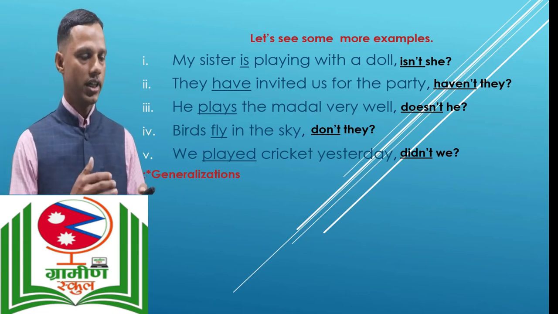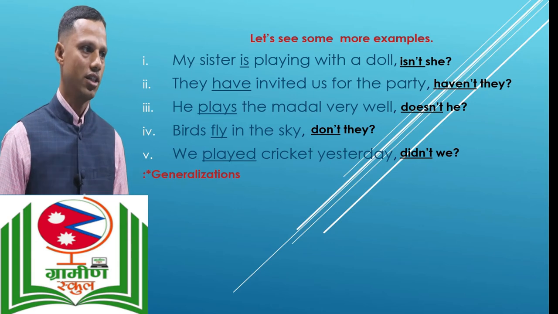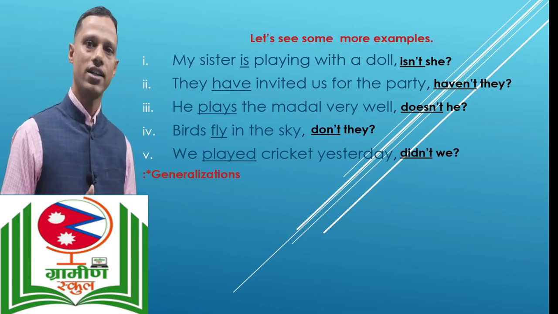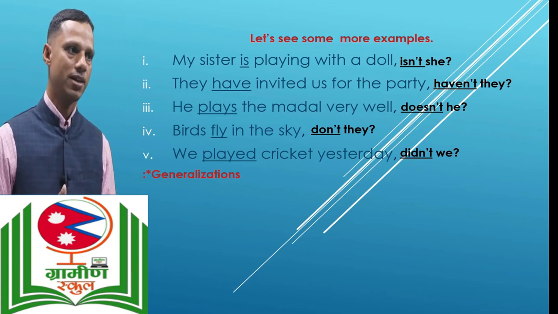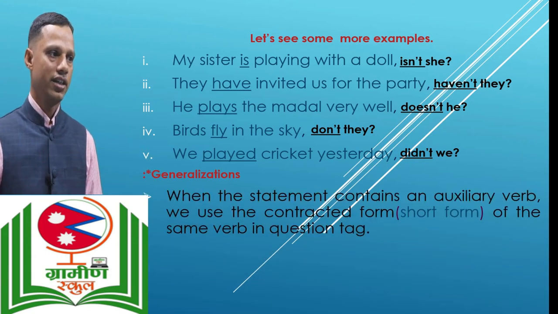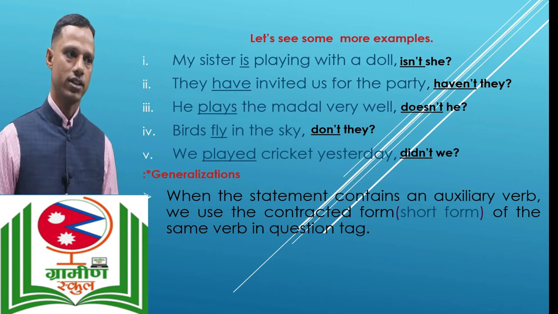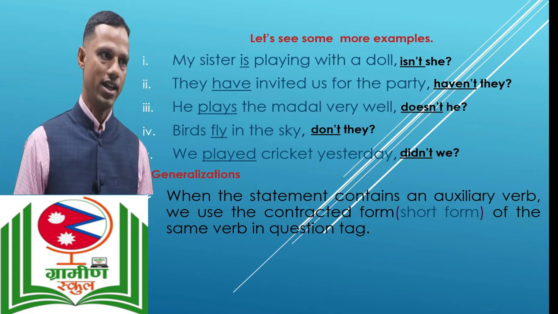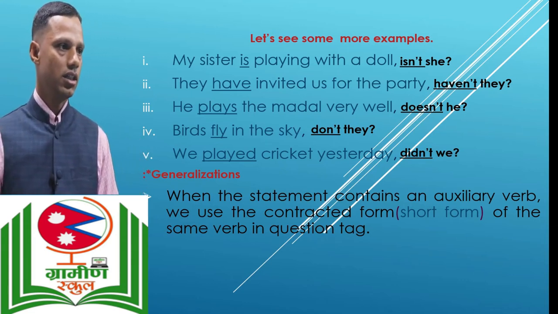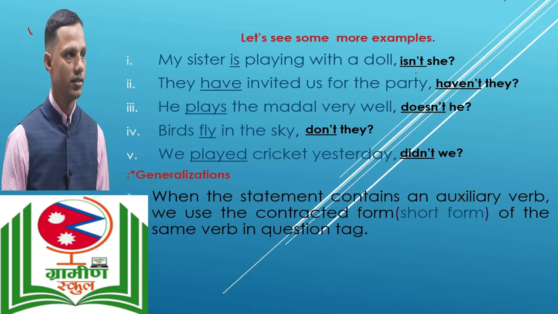Now, out of the examples we studied, let's find out the rules. What rules are applied in these examples? What generalizations can we make out of the examples we studied? Let's see the first. When the statement contains an auxiliary verb, we use the contracted form of the same verb in the question tag. For this, you can just notice the examples.